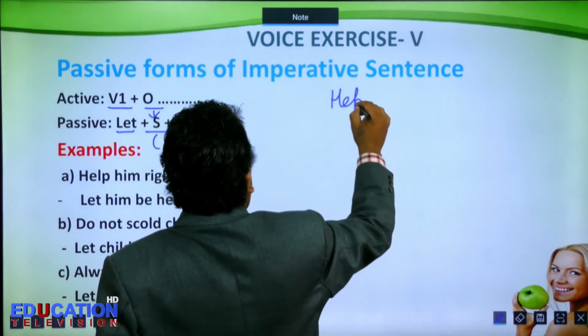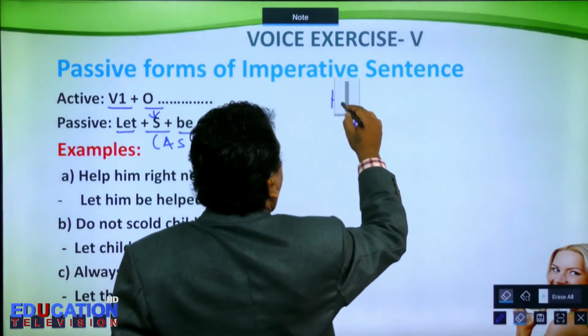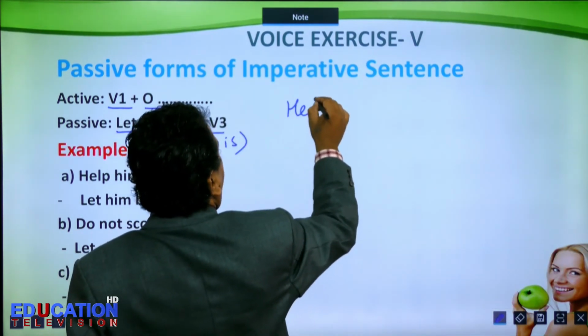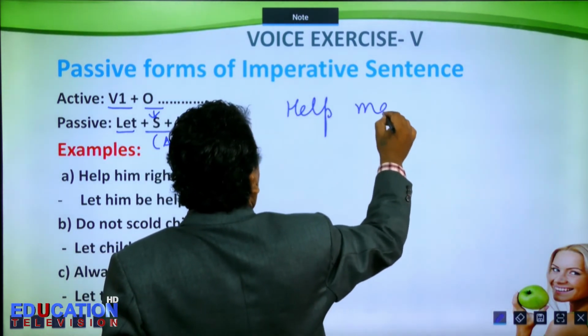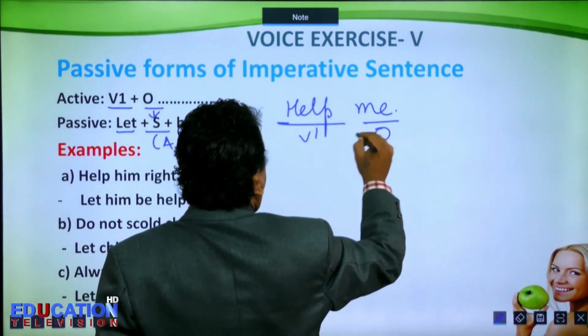For example, help me. Help is V1, me is object.